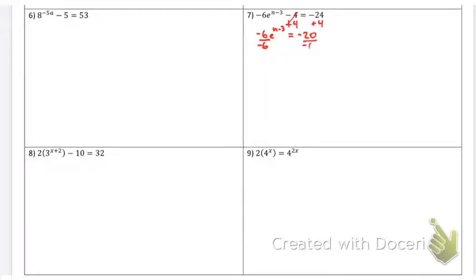What you do to one side, do to the other. So now I have isolated my base. I'm going to reduce this. This can be reduced by 2. So it's going to be 10 over 3. And it turns into positive because 2 negatives make it positive.